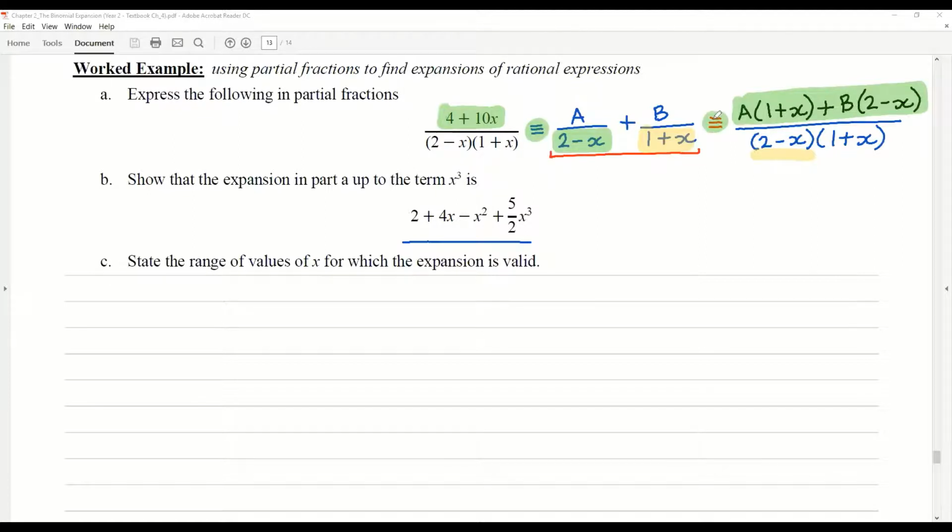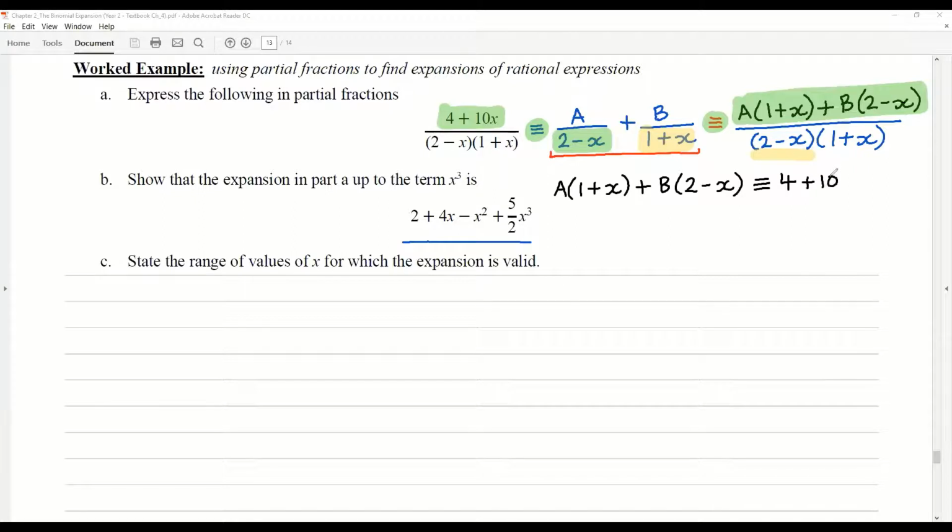So let's expand and simplify and set up our identity. So our identity is going to read a multiplied by 1 plus x. We'll expand and simplify in the next step. Add b multiplied by 2 subtract x must be identical to 4 add 10x.